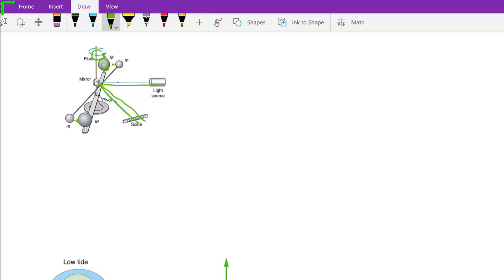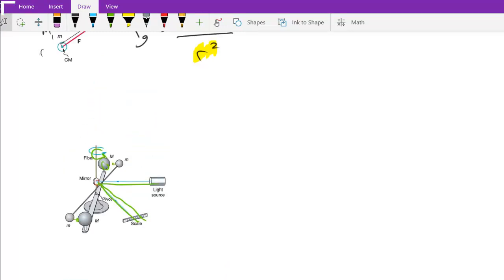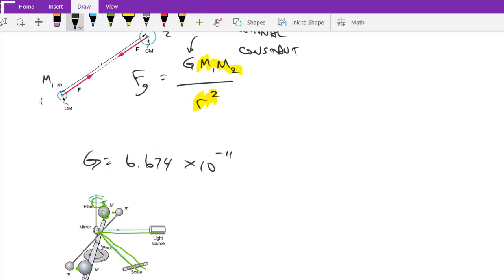So this is how we can experimentally find the gravitational constant, and this value is given in your textbook. This value of G is equal to 6.674 times 10 to the negative 11th. And the units here are newtons, because gravitational force must be in newtons.